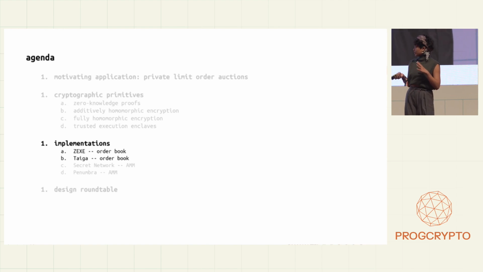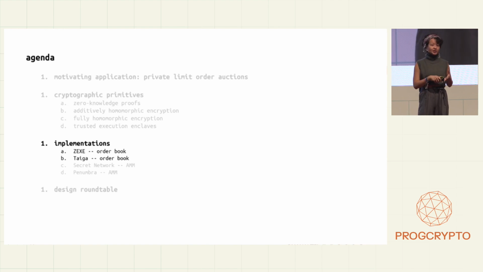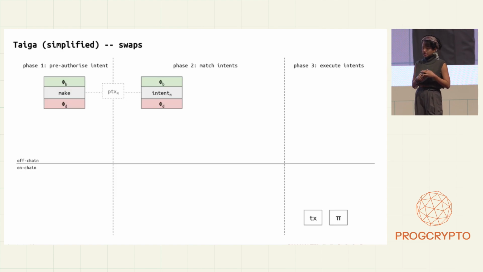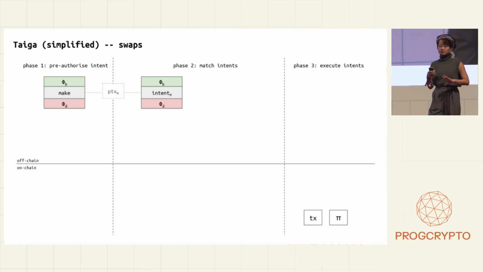So a similar but more recent implementation of the closed order book is in Taiga. And I think of Taiga sort of as a rephrasing of the Zaxi protocol that puts something called the intent front and center.